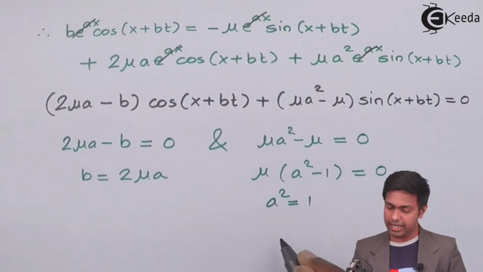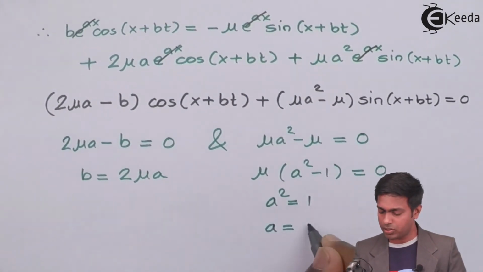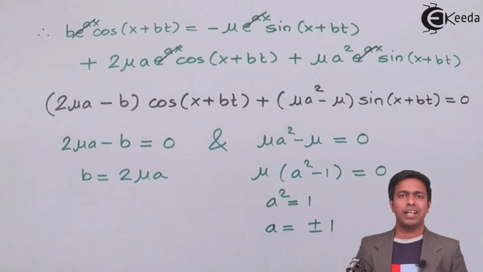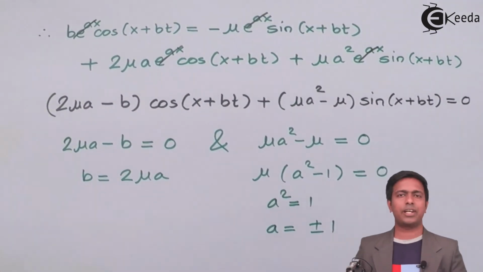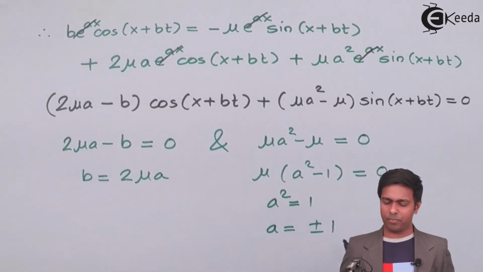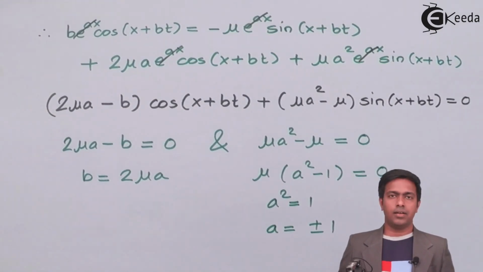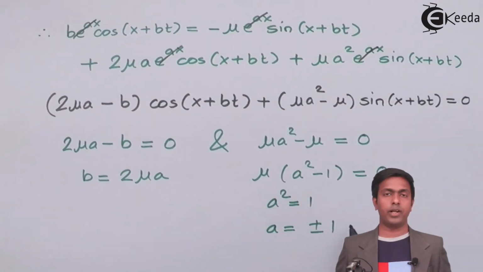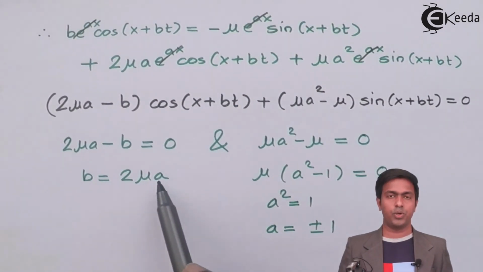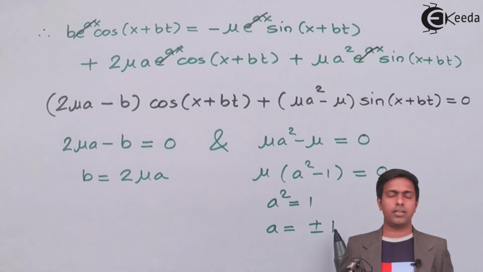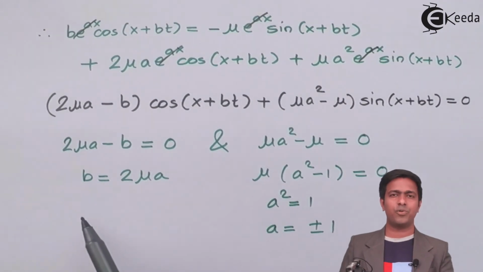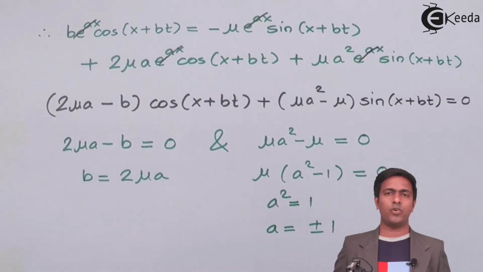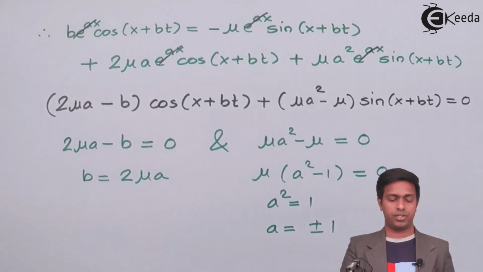So therefore the value of a is positive or negative 1. Now the question is, what is the correct value of a? So should I take positive 1 or negative 1? And for that we have to observe the given result, because guys, if I take the positive 1, then the value of b becomes 2 mu, and if I take the negative 1, the value of b becomes negative 2 mu. But to decide the value of a, we will go in the question.